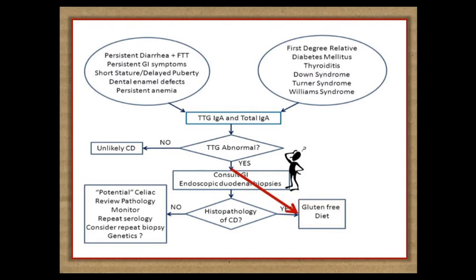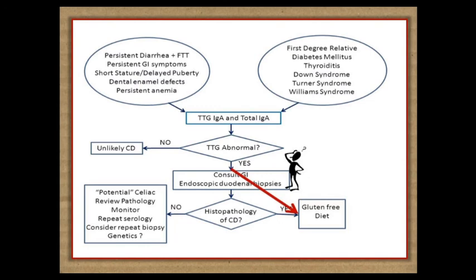According to ESPGHAN, which is the European Society for Pediatric Gastroenterology, Hepatology and Nutrition, in their guidelines in 2012, they say the diagnosis can be established without biopsy if there are signs or symptoms suggestive of celiac disease, or the tissue transglutaminase is more than 10 times the upper limit of its normal value, or the anti-endomysial antibody is positive in a second blood sample, or the HLA typing test is consistent with celiac disease.